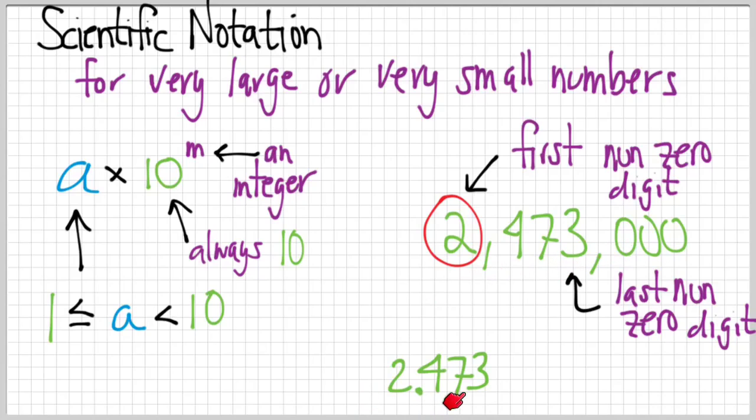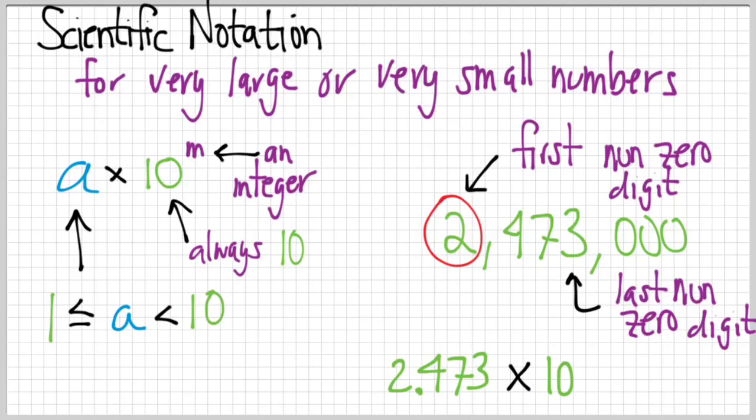So I put all the numbers on here from the first to the last of the non-zero digits. Then I'm going to have my times 10. Going back to this, you'll notice that number here, 2.473, is between 1 and 10.